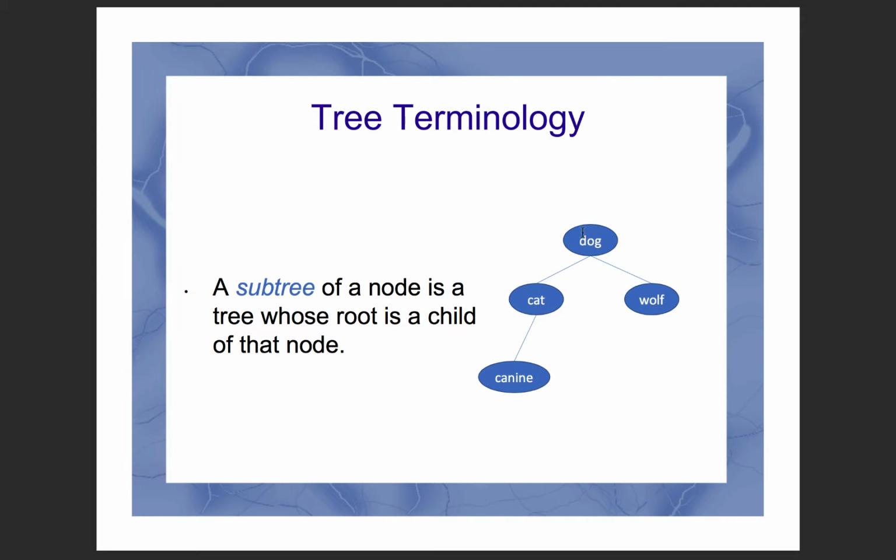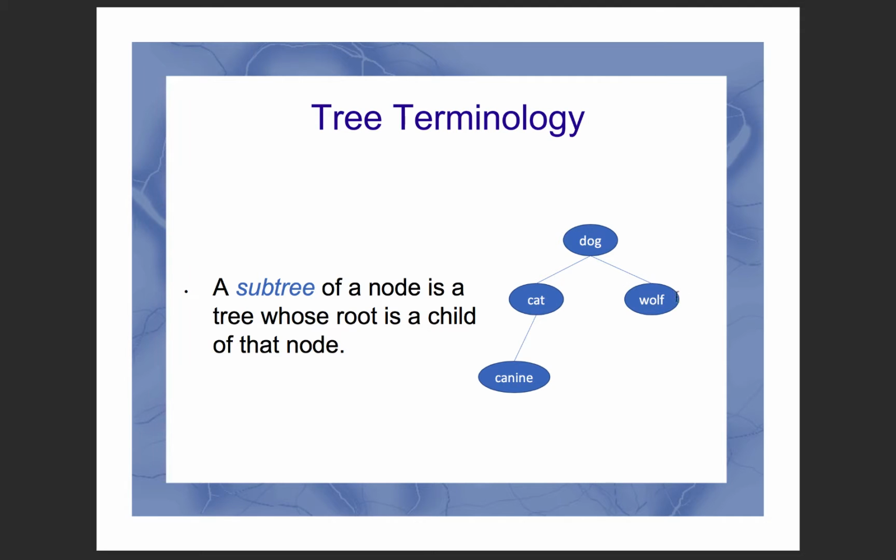What is its parent? Parent is dog. We know that the level of dog is 1. So level of the parent's node plus 1, so 1 plus 1, because the parent node has level 1. In order to calculate the level of these nodes, we have to calculate 1 plus the parent node's level. So the parent node level is 1, and so its level is 1 plus 1 equal to 2.